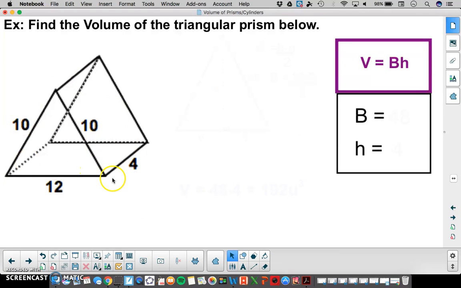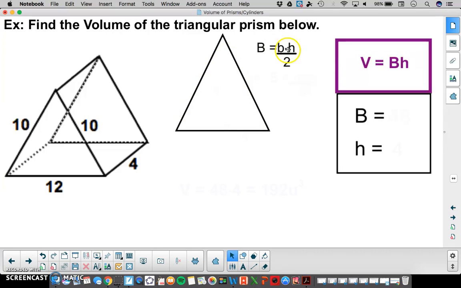In this example, we're going to find the volume of the triangular prism. In order to find that volume, we have to find big B, which is the area of the base. The base of this is the triangle. So we have to find the area of that triangle. So we're going to find b times h divided by 2 for this triangle. Now this little b here is the base of the triangle, which is 12.